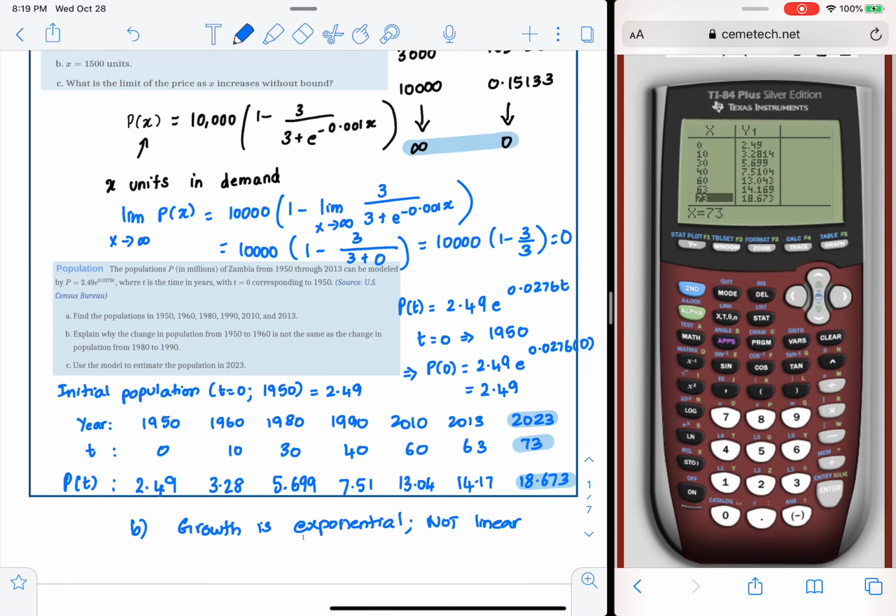In other words, whatever amount of increase that we had between the year 1950 and 1960 will not be the same, and things are going toward infinity rapidly. So in a matter of 73 years, the population increased by approximately 16 million. So the reason why the change in population from 1950 to 1960 is not the same as the change in population from 1980 to 1990 is because the growth is exponential and not linear.